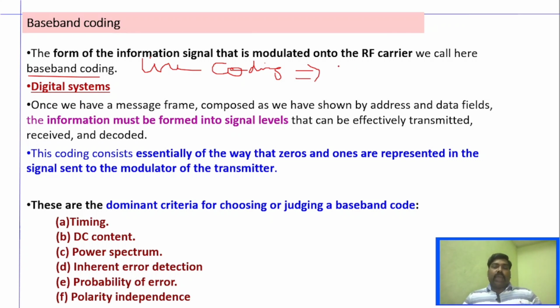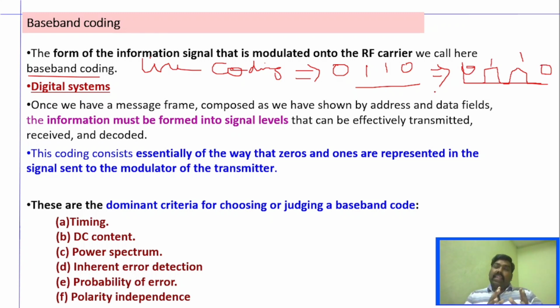We know what is binary data. Binary data is 0 and 1, right? Say, for example, if this is our data, converting this binary data into a binary signal is called line coding, like this, right? So this is 0, this is 1, 1, 0. So it is a form of converting binary data into a digital signal, right?